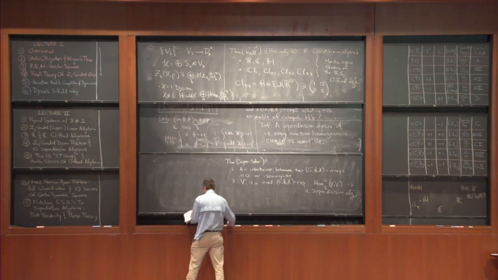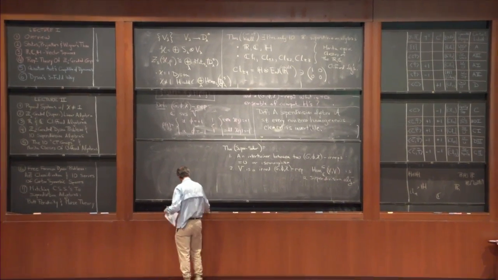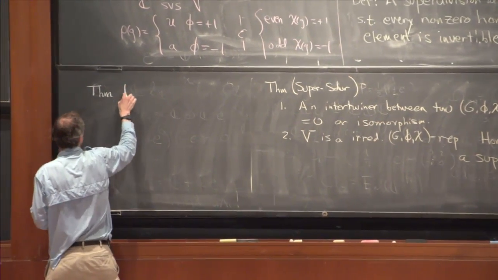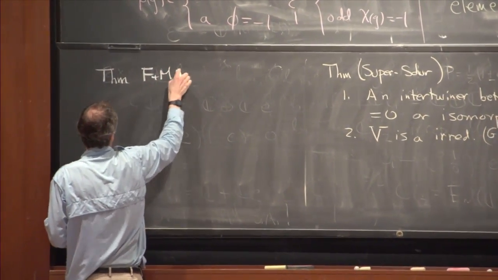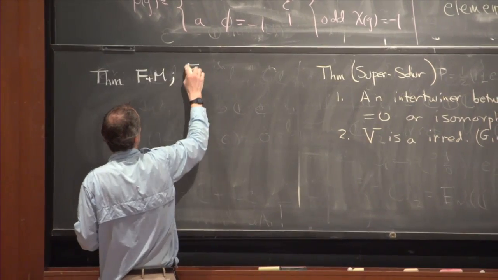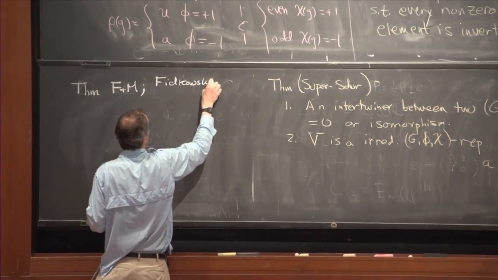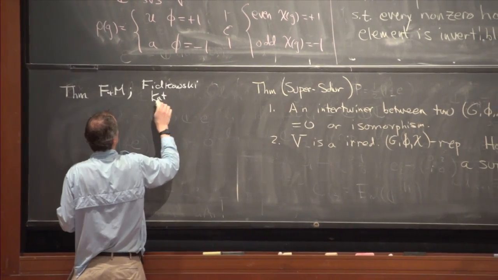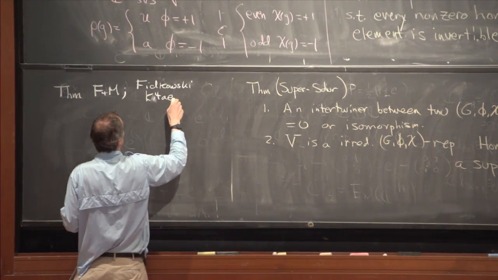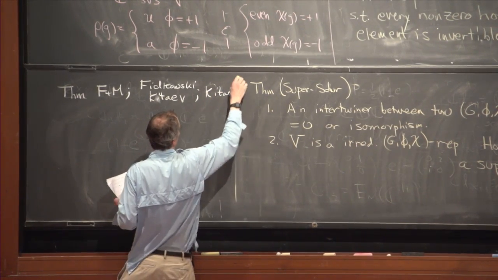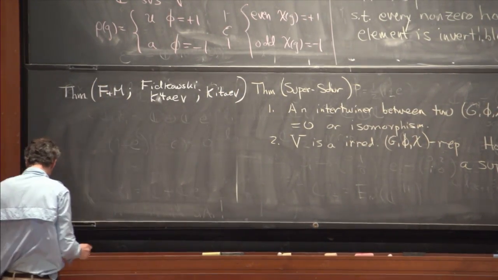Now, it was stated as such in a paper I wrote with Dan Freed, but we were just trying to understand a very cryptic appendix by a nice paper by Fitkowski and Kitaev, which of course in turn was building on Kitaev's paper on the periodic table.